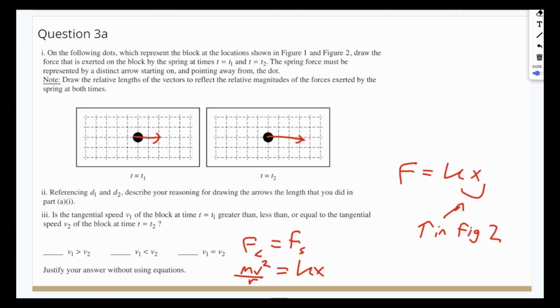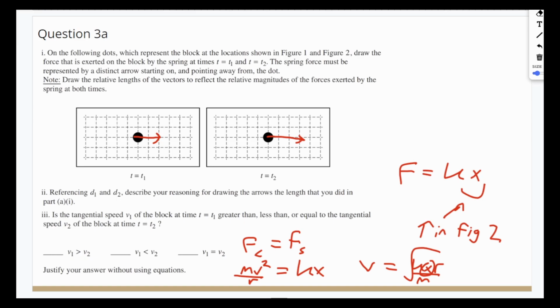So if we move things around, we get v equals square root of kxr over m. So all we care about here is x, because that's what's different in both. The x value, which is the stretched distance, is bigger in figure 2 than figure 1, which means that figure 2 will also have a greater tangential velocity, which means that figure 1 has less.